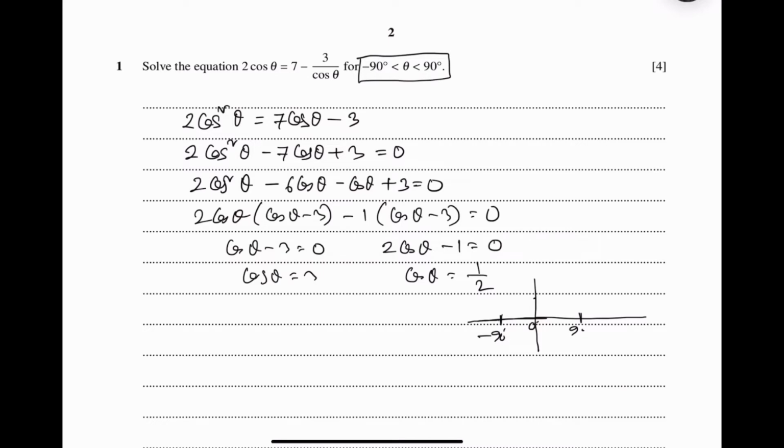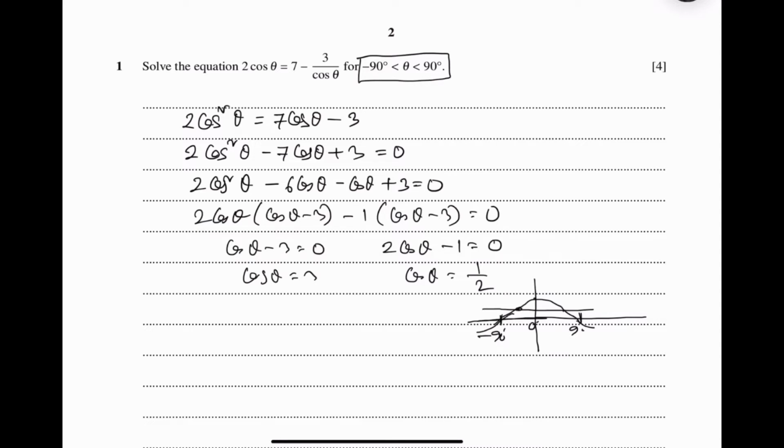We don't need to go further since it is minus 90 to 90. If we draw a line parallel to the x-axis, that is y equals half, it meets at 2 points.